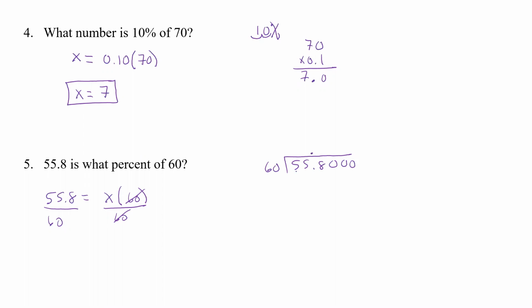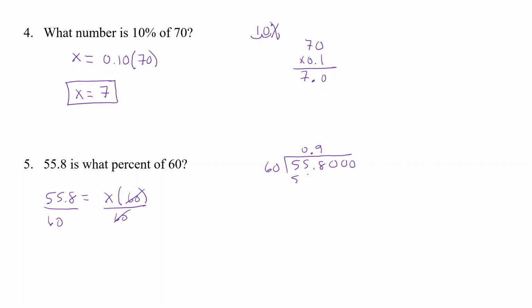Again, don't know how many we need to go out, so we will put a few out there. All right, so 60 doesn't go into 55, so that's a 0. Now 60 times what is close to 558? Well, let's see, times 8 is going to be 48, times 9 is 54. So let's put a 9 there.